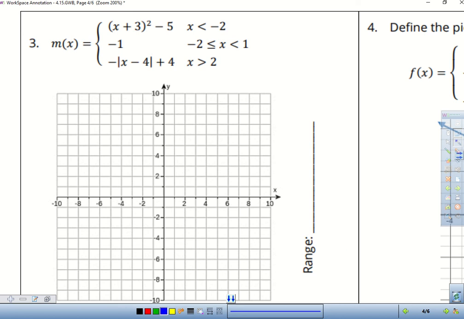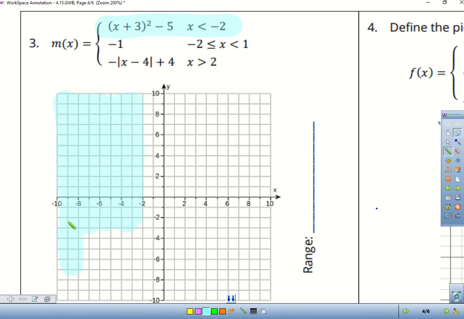So if it helps you, we can also highlight the parts of the graph that your graph's going to fall in right in the beginning. I think it's kind of helpful. So this graph right here, we know is going to exist when x is less than -2. So it's going to exist, let me make it a little nicer, like over here. And then this graph right here is going to exist from -2 to 1.